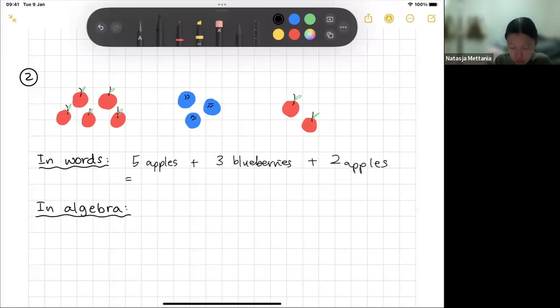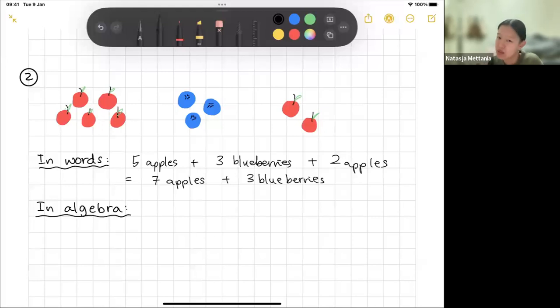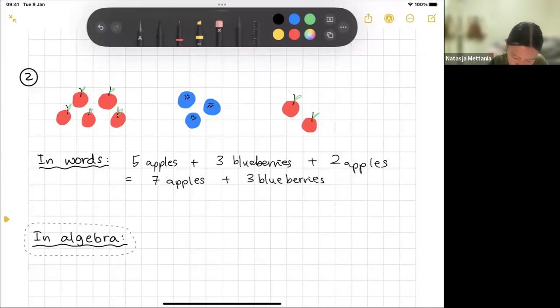This won't total up to 10, but it would actually total up to 7 apples plus 3 blueberries. The reason is apples and blueberries are different things, so they can't be counted as one. Blueberries cannot be counted as apples, and apples can't be counted as blueberries. So I have to leave the blueberries by themselves. I've got 7 apples and 3 blueberries. It's a little bit different compared to our example before.